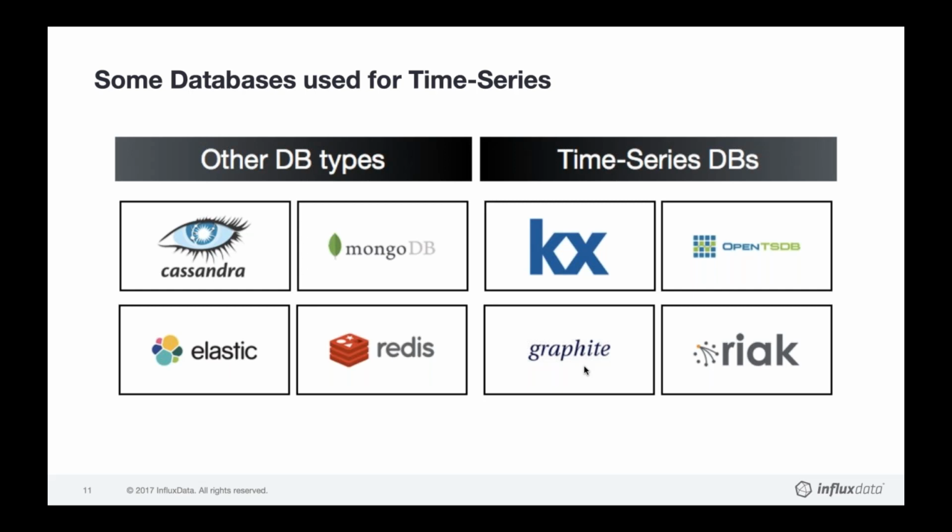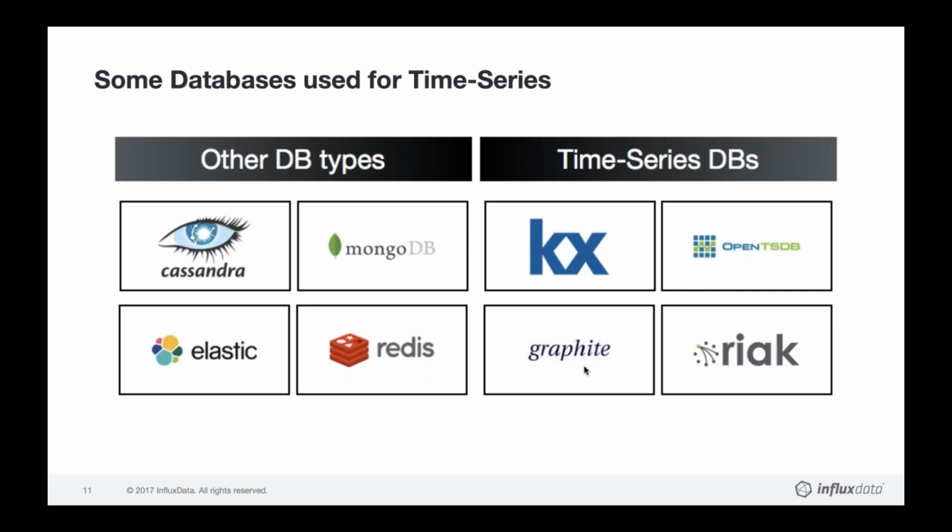We have document database like MongoDB. Elastic is a document database with a key-value store on top of it for full-search type of capabilities. We have Redis for speed or in-memory. So you have your options of other types of database.